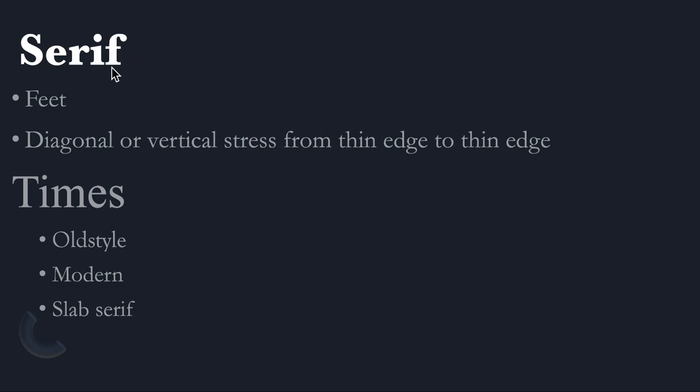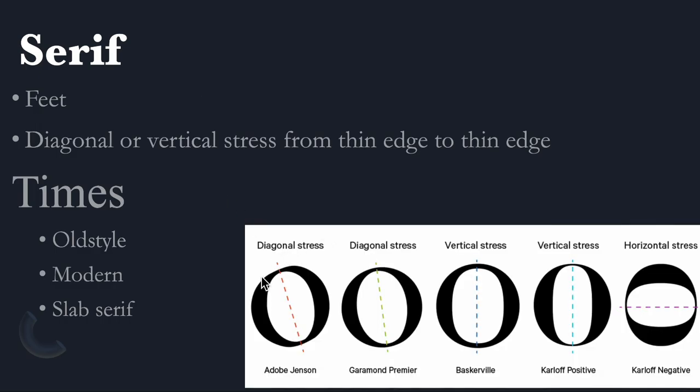And if you look here, we have the F, we have this little foot on the I, on the R, and even at the base of this S, little feet. And we also have a movement of thick to thin transitions. So let me just show you this quick visual here.